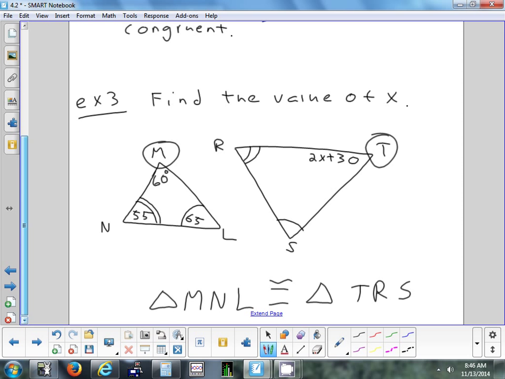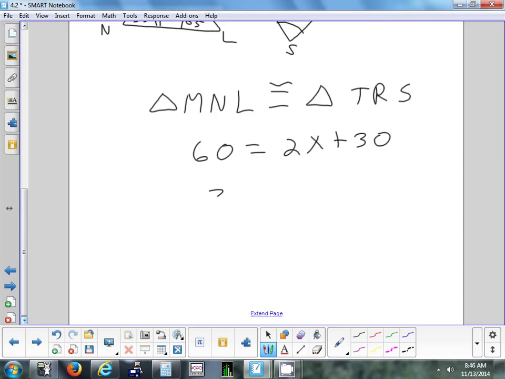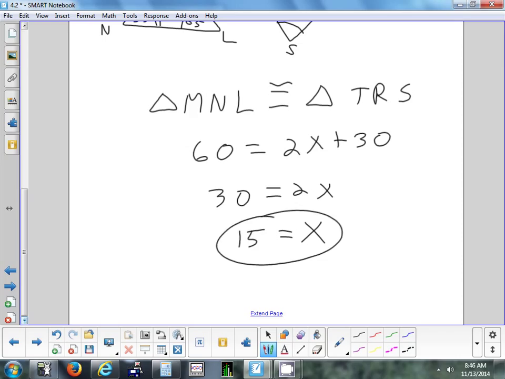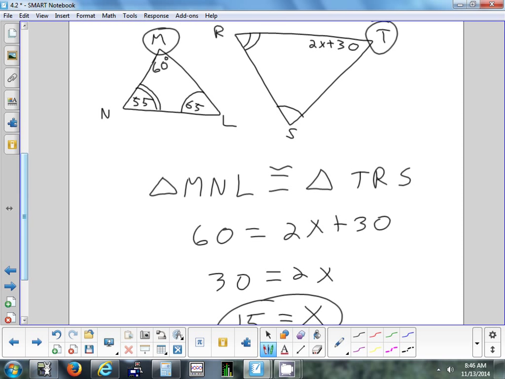So the measure of angle M equals the measure of angle T. When we solve it, we're going to get 30 equals 2x. So 2 times what would give me 30? Yeah, 15. Any question on that one? Okay, so just really use the third angles theorem.